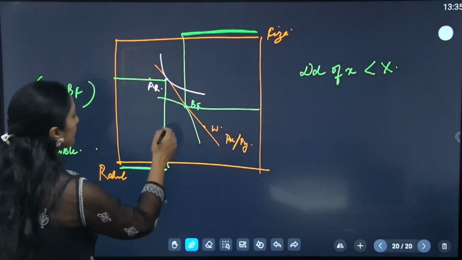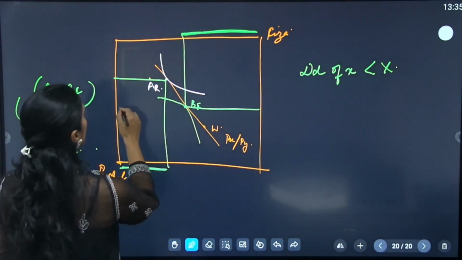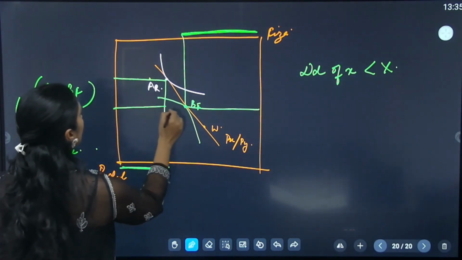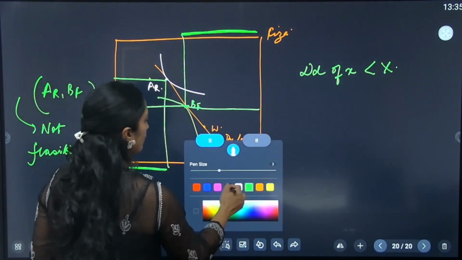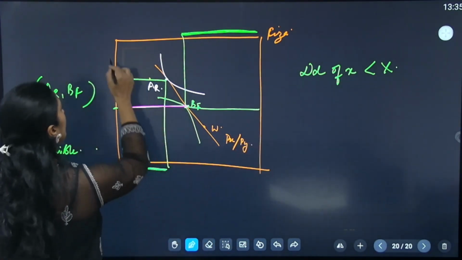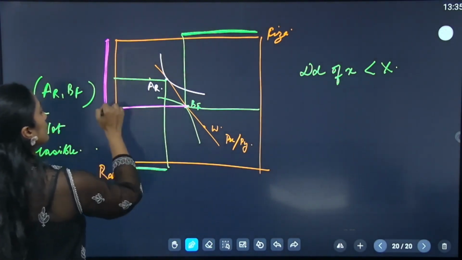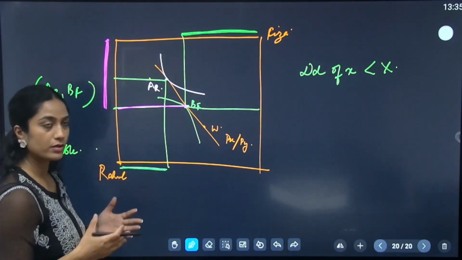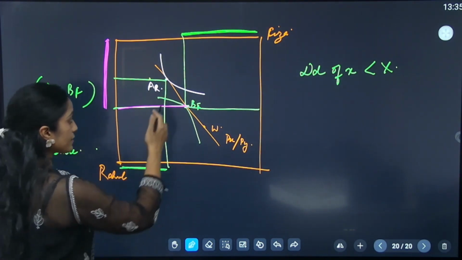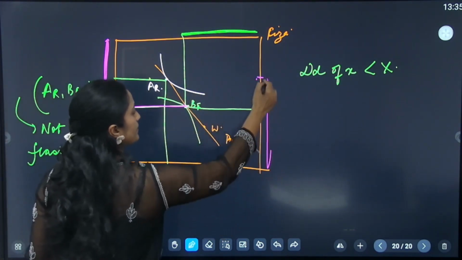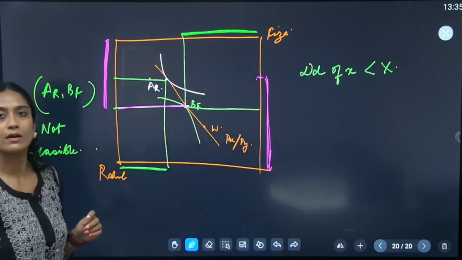And for Y, this is the Y that Fisa wants, and this is the Y that Rahul wants.